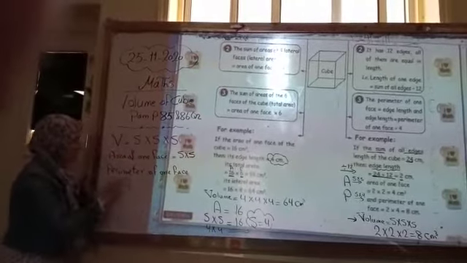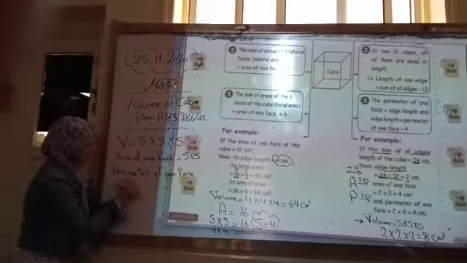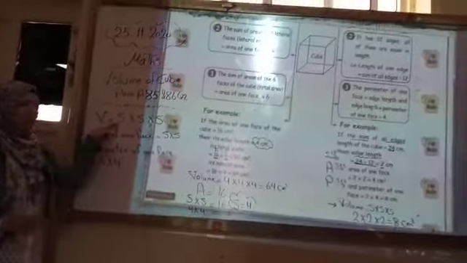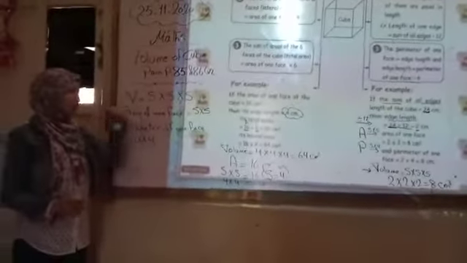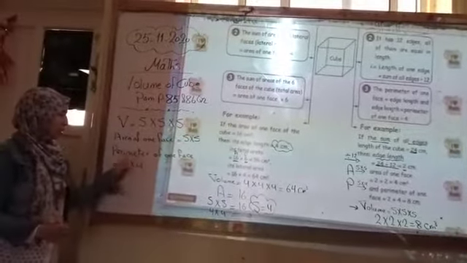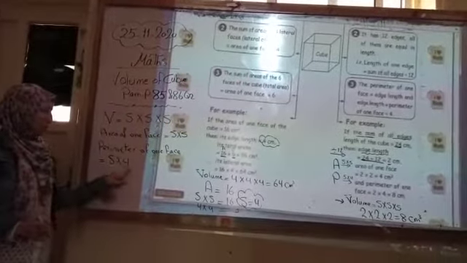I am sorry, perimeter of one face, side by 4. Okay, again, volume equals side by side by side. Area of one face, side by side. Perimeter of one face, side by 4.